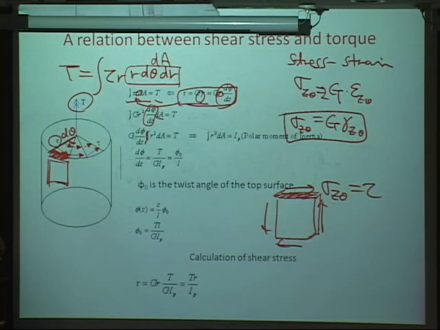And we have the R square dA, and what is called R square dA? What is called polar moment of inertia. R square dA we call polar moment of inertia.